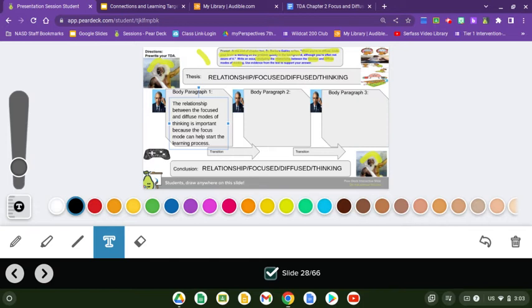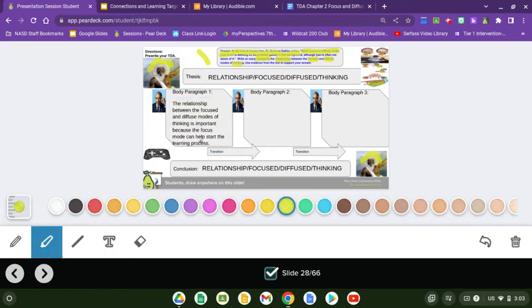All right, and then we'll highlight the little sentence that we made. Let's highlight the words focus mode, and why one of the relationships is it starts the learning process, which can make the diffuse mode that much more useful. The rest we're just going to take some quick notes.